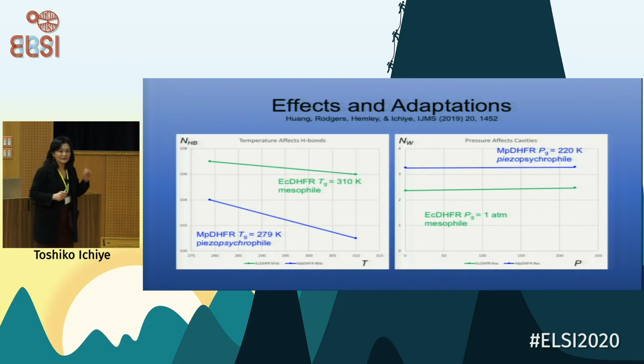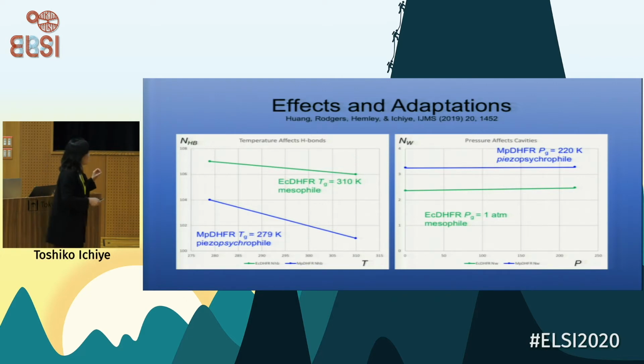So it's something that lives in the cold, deep ocean. So it lives at 279 Kelvin, whereas E. coli growth temperature is about 37, about body temperature. So E. coli DHFR has to have more hydrogen bonds because it needs to live at a higher temperature than the Moritella.